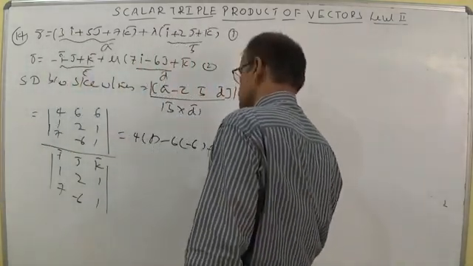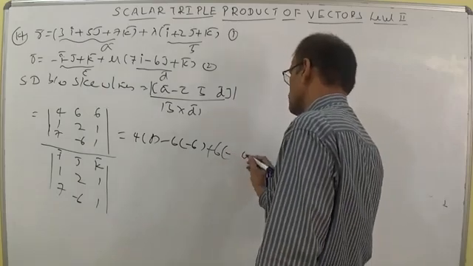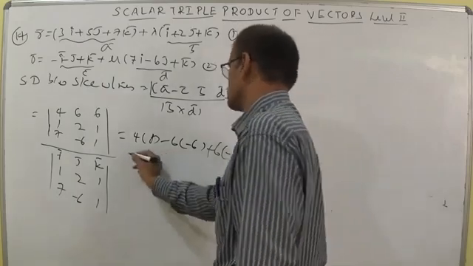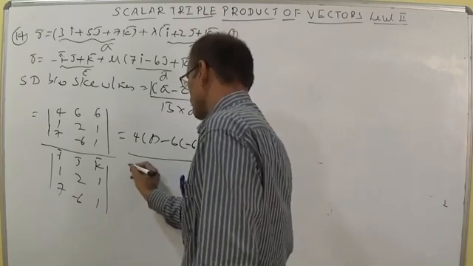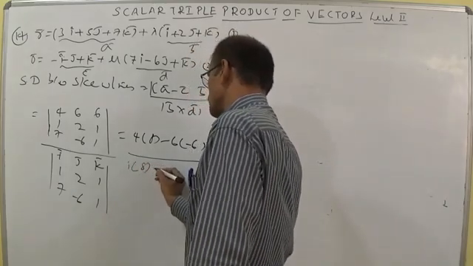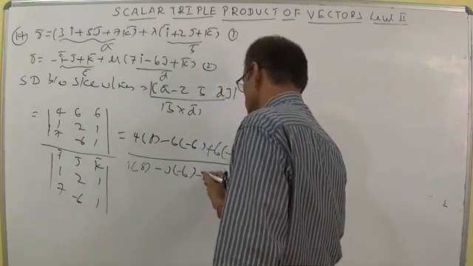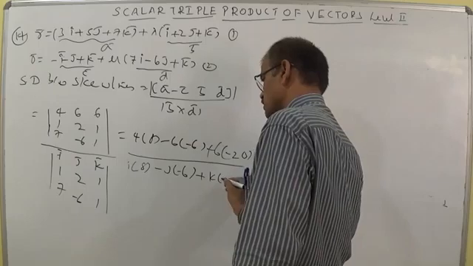Next one plus 6, plus 6 into minus 6 minus 14. Minus 6 minus 14 becomes minus 20. Whole by I into the concept 2 plus 1, same number we get 8 minus j into minus 6 and plus k into minus 20.